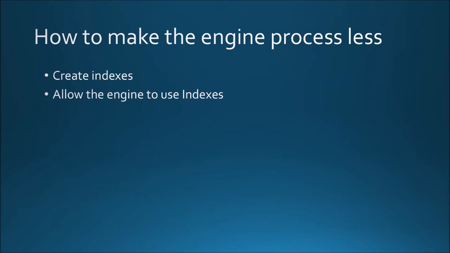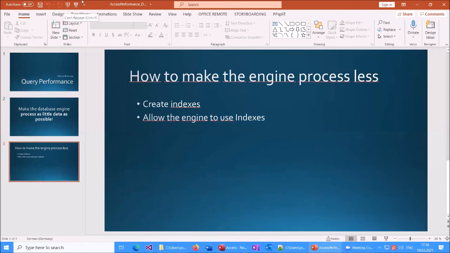The next thing, which is not as straightforward, is to allow the database engine to actually use the indexes you created. That is what we will talk about for some time now in a couple of demos.